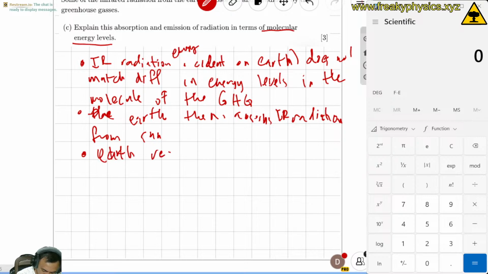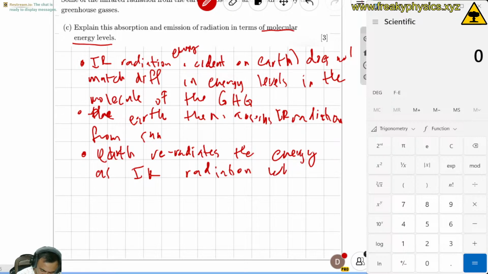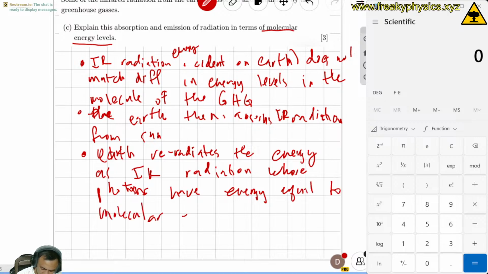So Earth re-radiates the energy as infrared radiation whose photons have energy equal to molecular energy level differences.